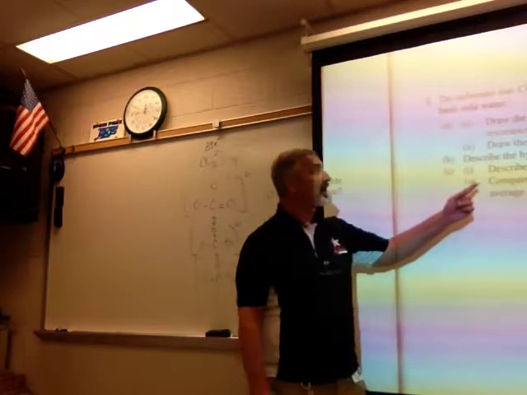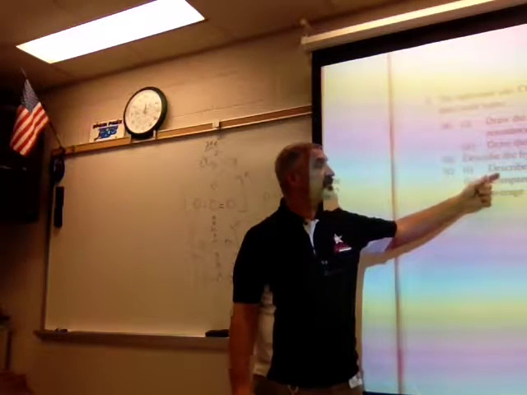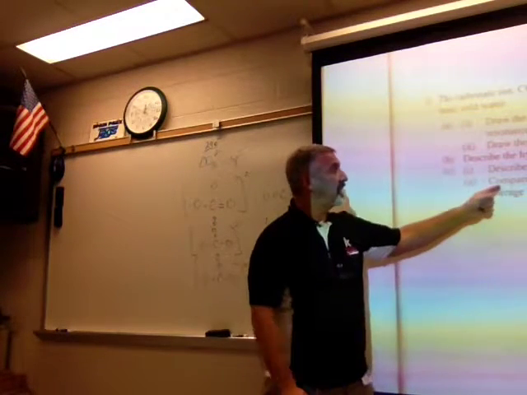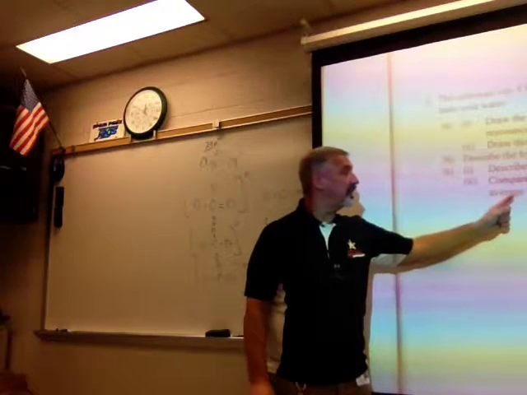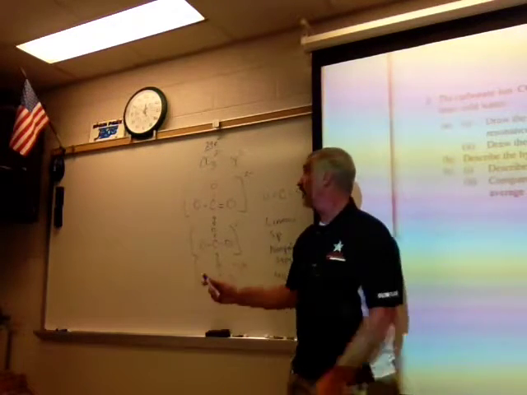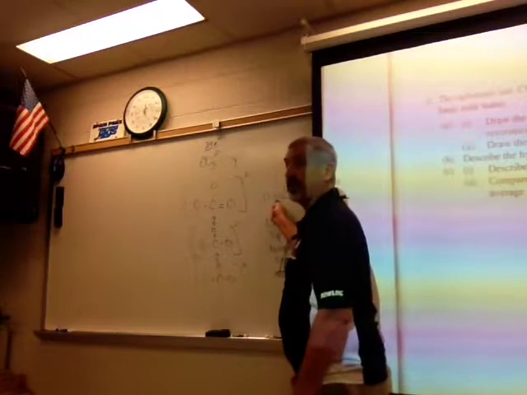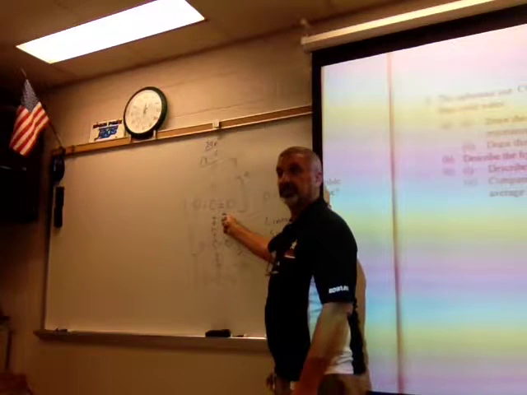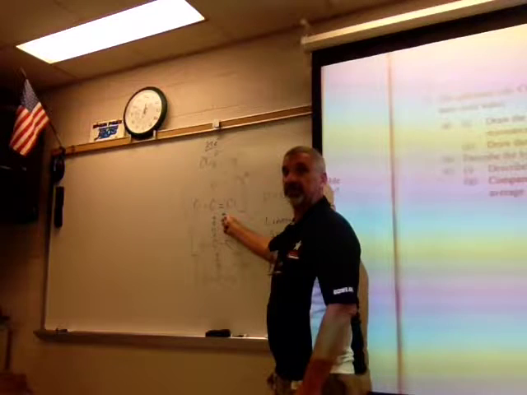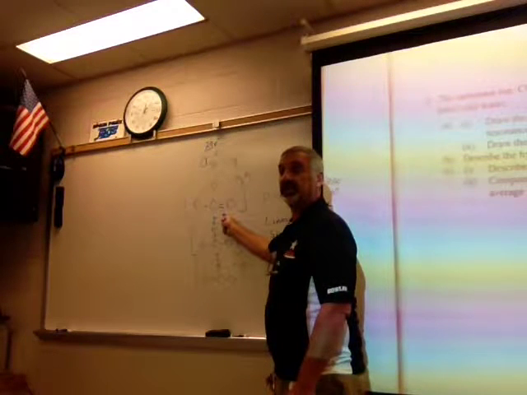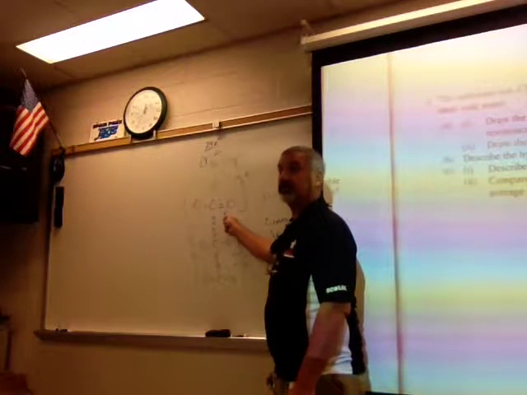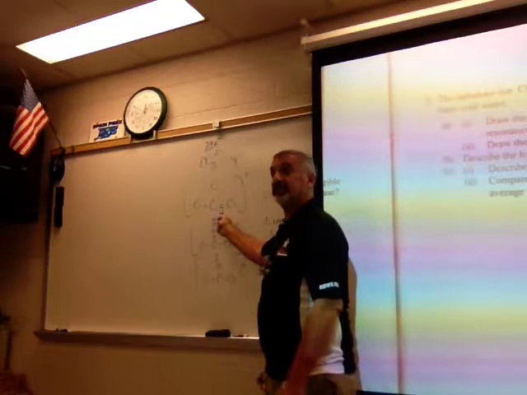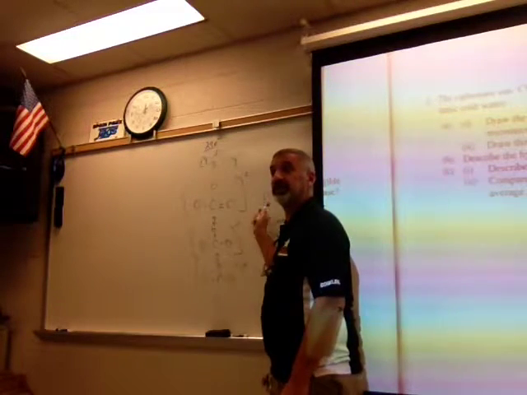And then describe the relative lengths of the 3 carbon-oxygen bonds of carbonate. They're all equal. Compare the average length of CO bonds in the carbonate to the average length of CO. Well, CO is a double bond, so these are all going to be slightly, which one? Longer or shorter? Slightly longer. Double bond's going to be shorter. These are going to be slightly longer than the double bond.